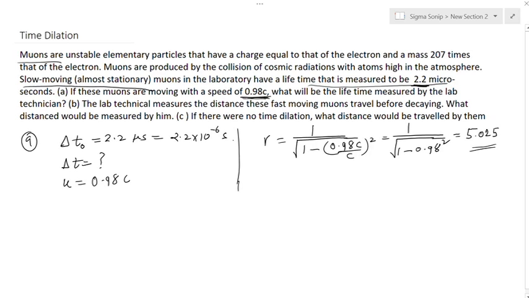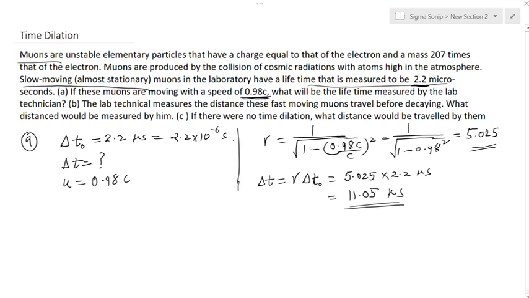With this I should be able to find the observed time, delta t, which is gamma times delta t0. So I have 5.025 times 2.2 microseconds, and that comes out to be 11.05 microseconds. So this is the time that is measured by the lab technician.